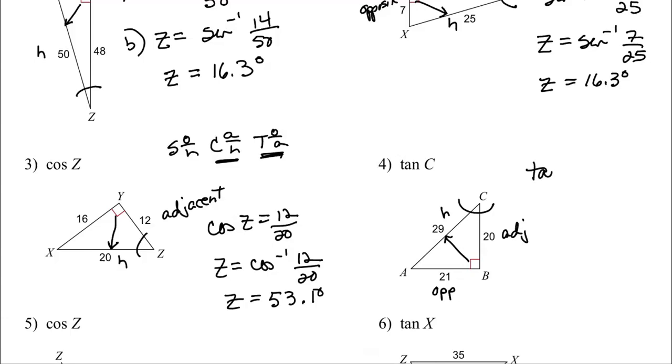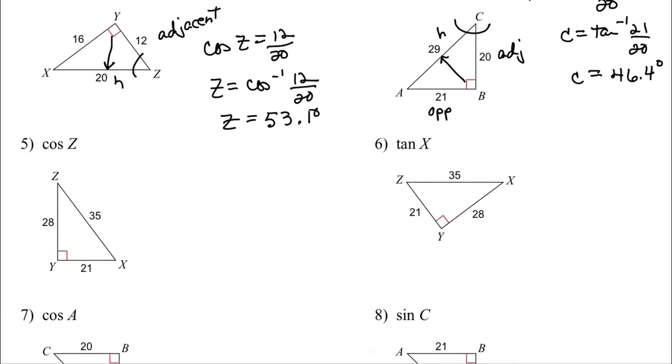And the tan of C equals opposite over adjacent. That is your ratio. Your angle is going to be tan to the -1 of 21 over 20. And angle C ends up being 46.4 degrees. Let's keep going.